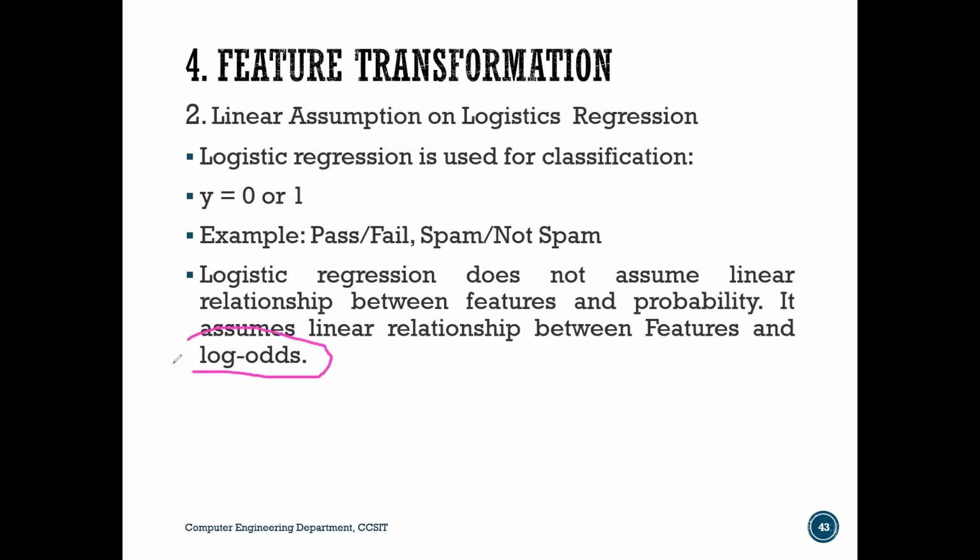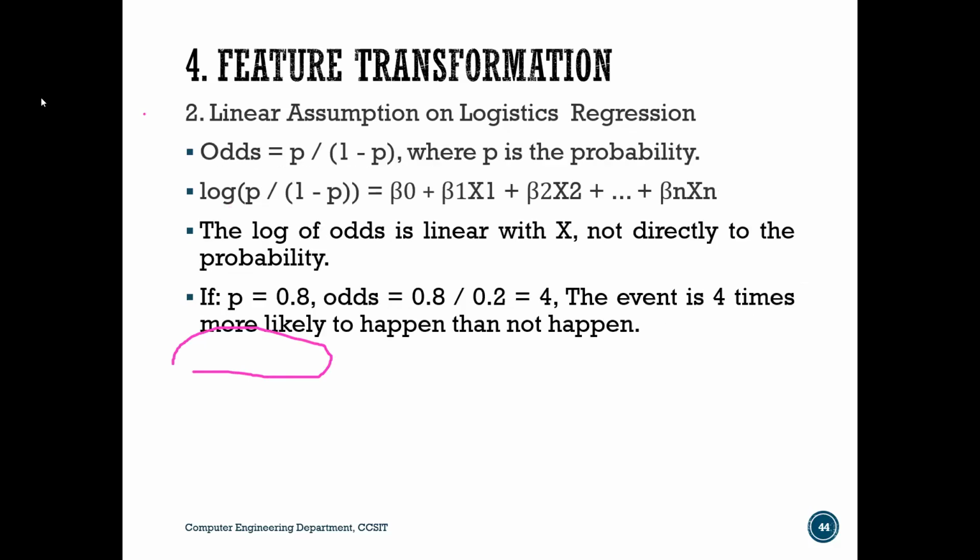What is log odds? Log odds is not probability; you need to calculate it. What is odds? P upon 1 minus P, where P is the probability. So what will be the formula for that? It will be log of P over 1 minus P equal to this equation.